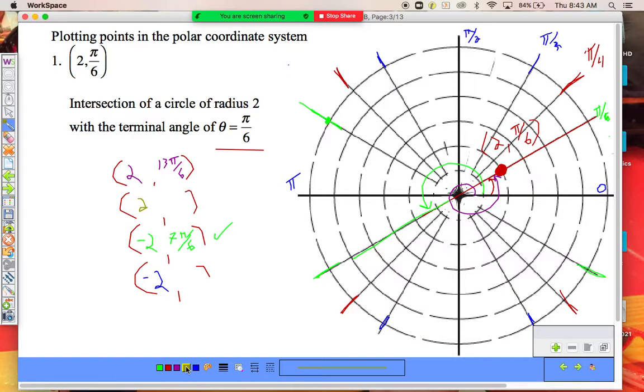Thinking too hard. How else can I go out a distance of 2? How else can I get to that same angle and go backwards? Yeah, we could go 25 pi over 6 by adding another full rotation. Let's do it differently. Can I do this and rotate down?